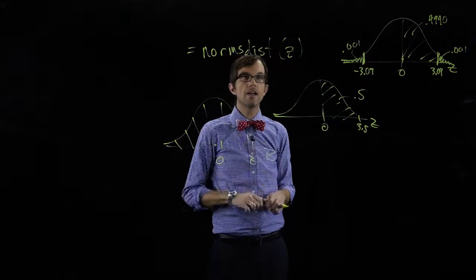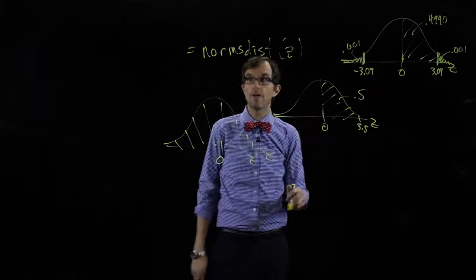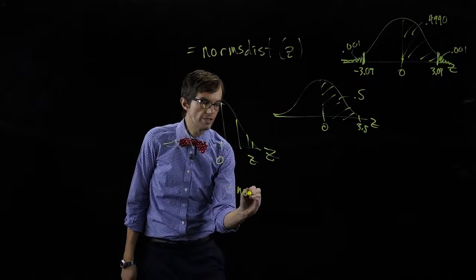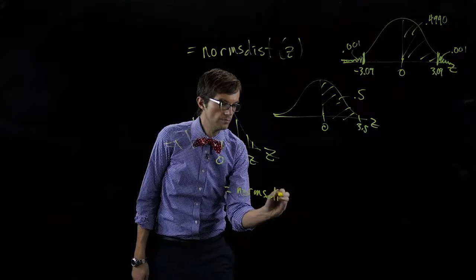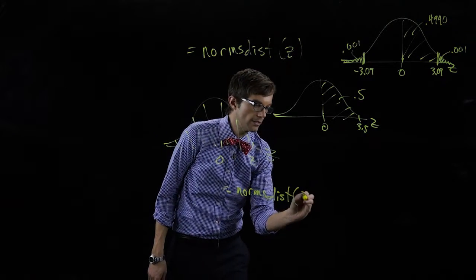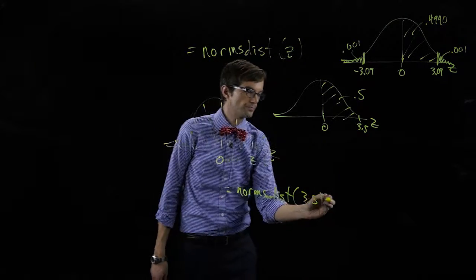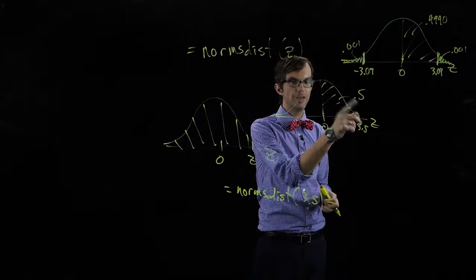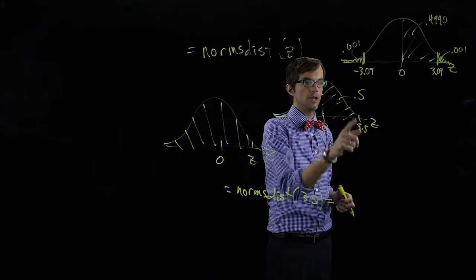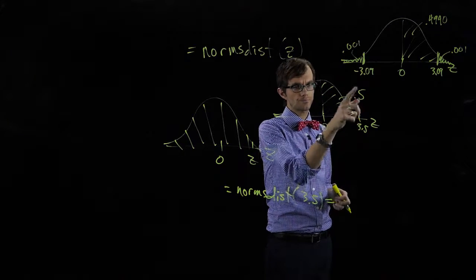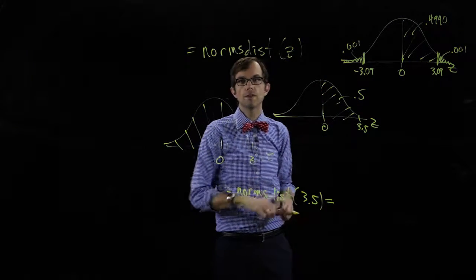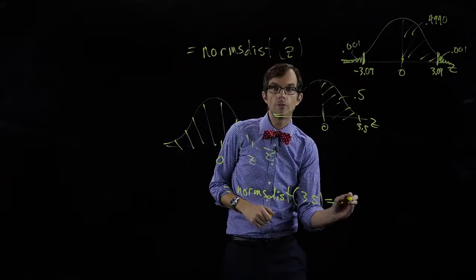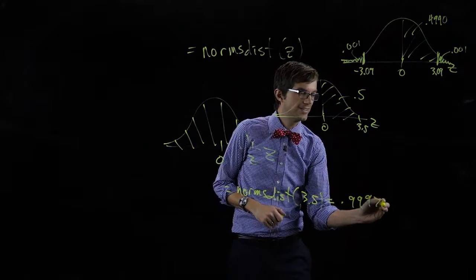So let's just say we plugged in 3.5. That is, we used the NORM.S.DIST function and plugged in 3.5 for z. It's probably not going to give us 1, which would be the cumulative area up to 3.5 that we would assume. But what does it return? It returns the value 0.999767.